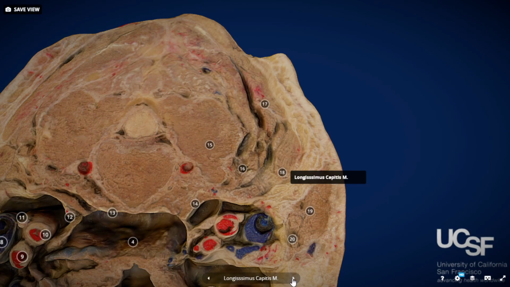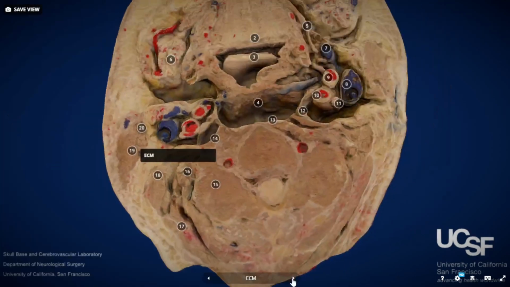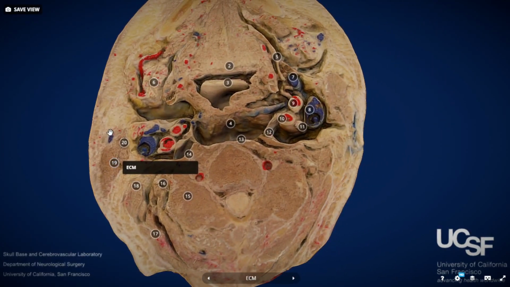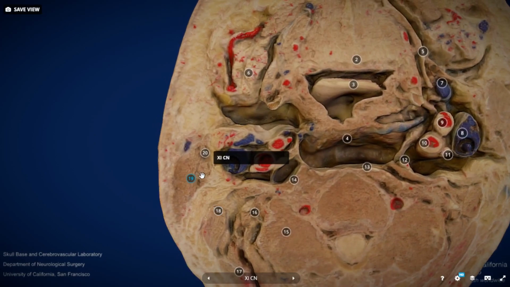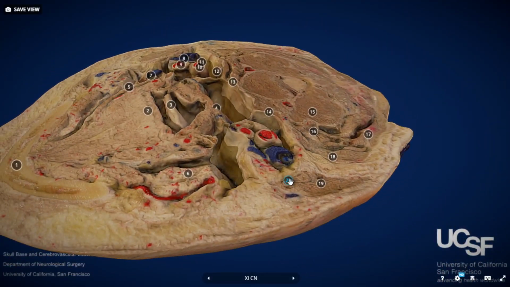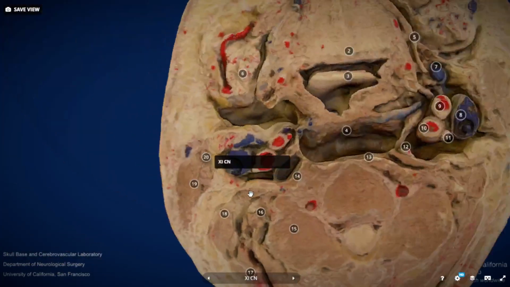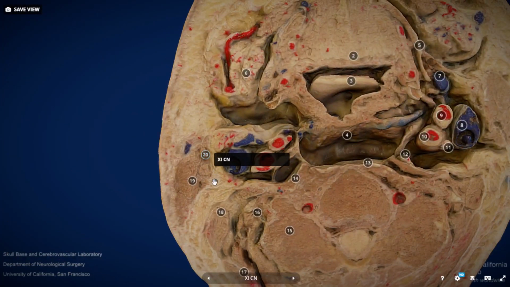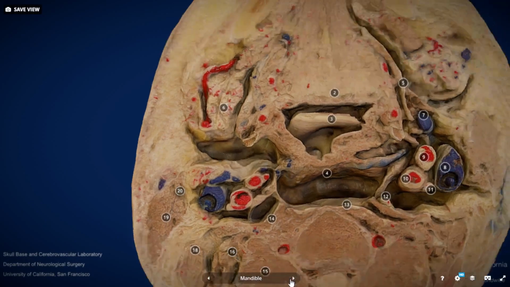And one of the muscles that serves as a landmark for anterolateral approaches, the sternocleidomastoid muscle. This is a muscle that is usually retracted, but let's remember that there's an intimate relationship between this muscle and the spinal cranial nerve, the 11th nerve.